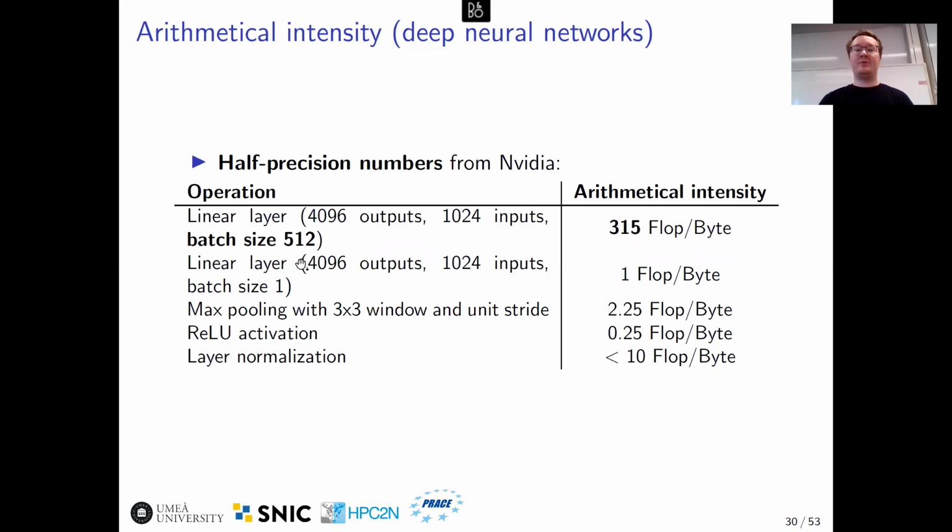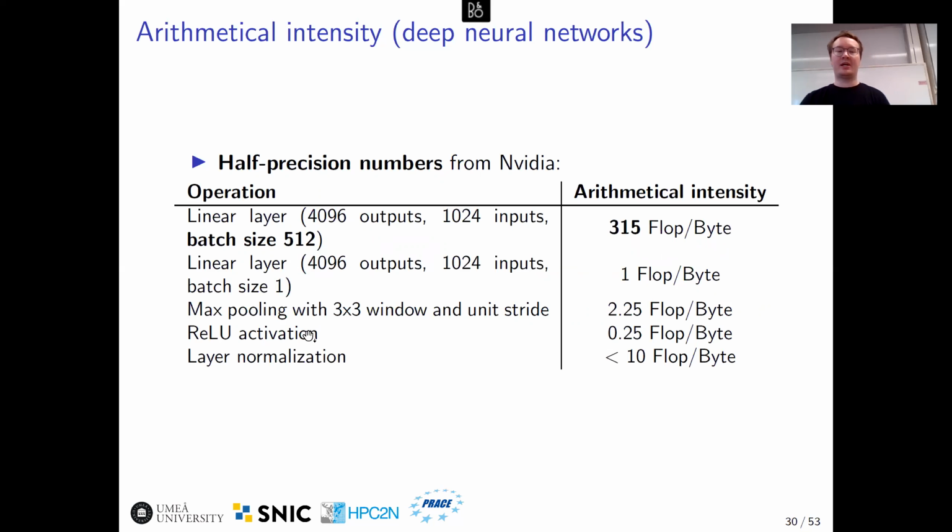In the linear layer, if you simply make the batch size 1, so you're just doing inference or training with one element at a time, then you get a really low arithmetic intensity of 1. So clearly, changing the batch size will end up changing the arithmetic intensity.